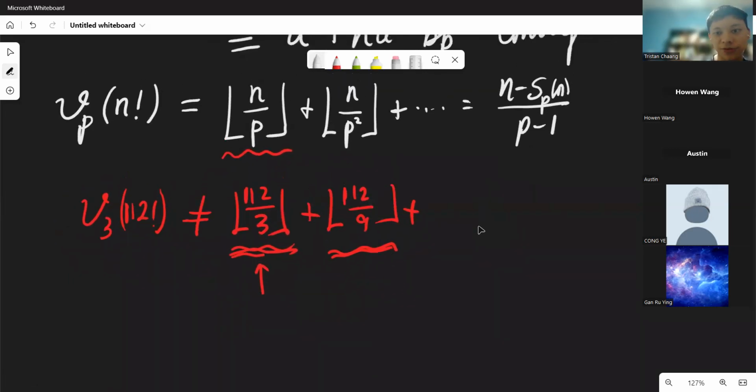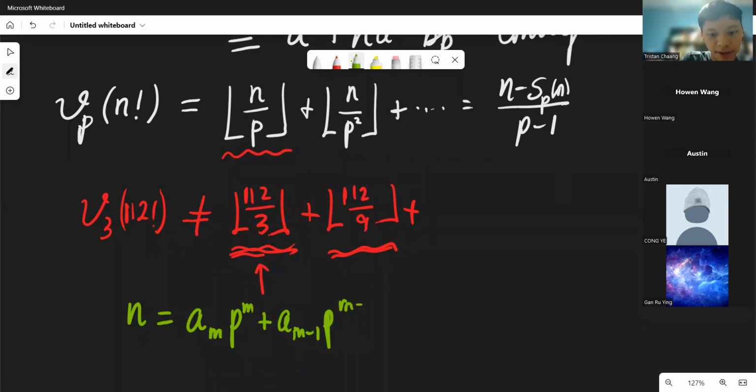So to write n in base p, we say n is equal to a_m p to the m, plus a_(m-1) p to the m minus 1, and so on, until a_0.